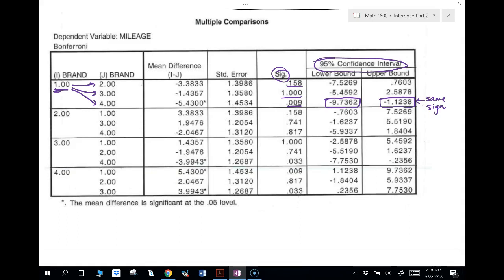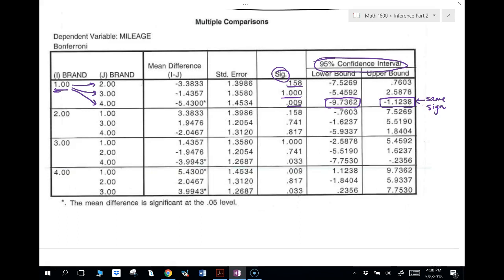Remember we talked about that before when we did the 2-sample t? So when they're both negative, that's good. That means there's significance there. That means brand 1's mean is going to be less than brand 4, somewhere between 9.7 and 1.1 miles per gallon. So we're going to write these out. You're looking for ones that are both the same sign.